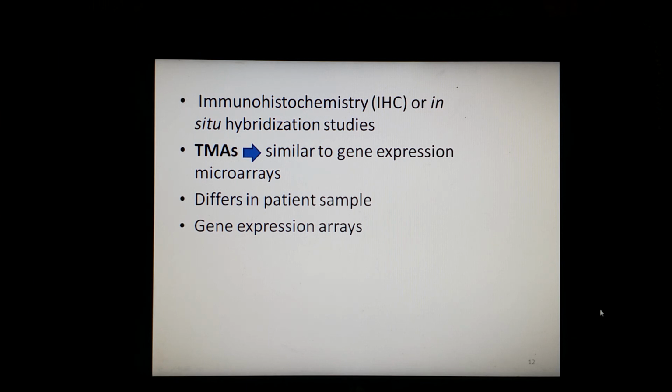While the advantage of the gene expression arrays is that they allow assessment of thousands of molecular markers on a single patient sample per experiment. So this is the difference between the TMA and the gene expression array.